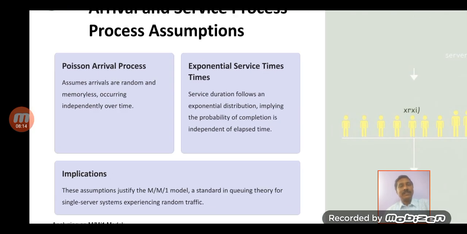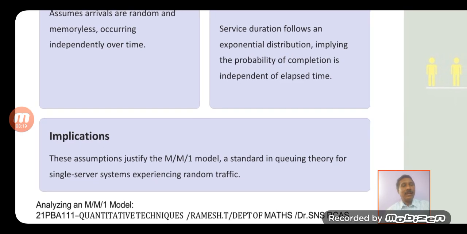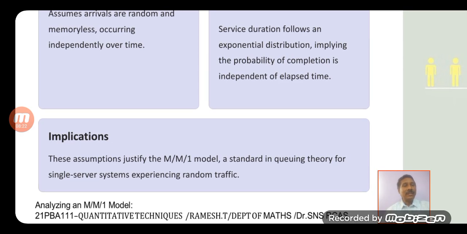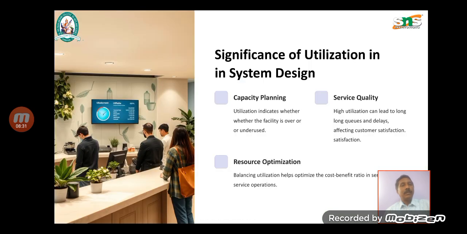The implications of these assumptions justify the M/M/1 model, a standard in queuing theory for single server systems experiencing random traffic. Significance of utilization in system design: capacity planning, utilization indicates whether the facility is over or underused. Service quality: high utilization can lead to long queues and delays, affecting customer satisfaction.